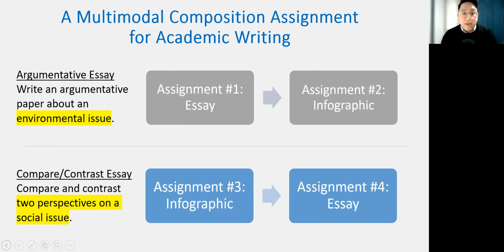Then in assignment 3, I asked them to write a new genre, which was compare and contrast two perspectives on a social issue. But this time they were going to create an infographic from scratch based on that topic, and then convert it back to a text-only essay. So not only are we dealing with different types of compositions, text-only and multimodal, but we're also dealing with a conversion.